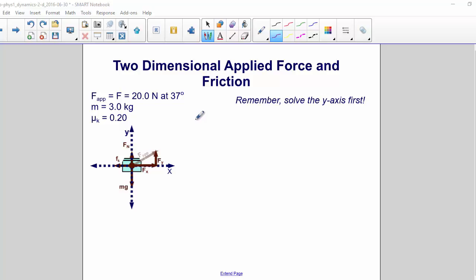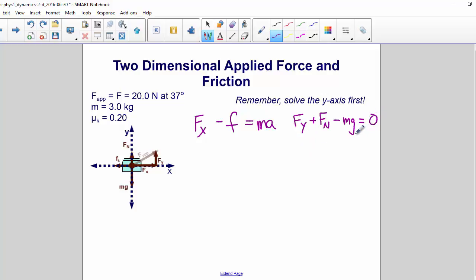For the x direction, we have F in the x direction minus force of friction equals ma. In the y direction, we have force in the y direction plus normal force minus mg equals 0.